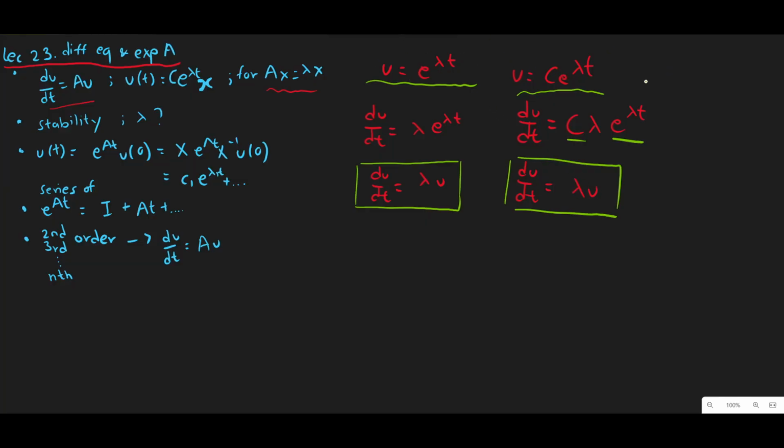And let me start with 1 again. So see here, u of t is c e to the lambda t, and then I have this x here, the eigenvector of A. So let's see how that goes if I do the same thing as what I just did. u equals c e to the power of lambda t x. Once again I differentiate. These two are just constants, they don't have anything coupled to t inside, only this one has.